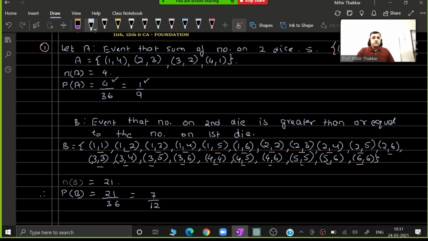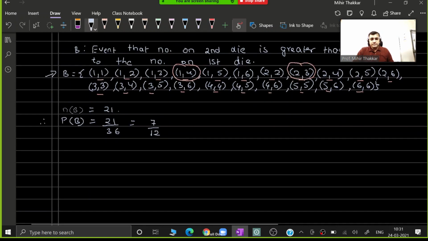If I observe both the events A and B very carefully, I can see that A and B have a few common outcomes. What are they? 1 comma 4 in the first, as well as 1 comma 4 in the B event, as well as 2 3 in the event A and 2 3 in the event B. So they are the common elements, and we know that common elements are always represented by intersection of the events.